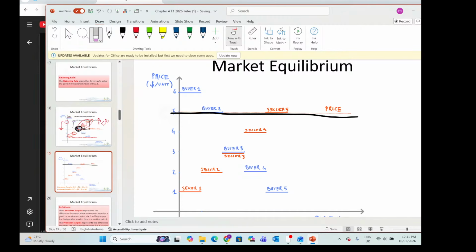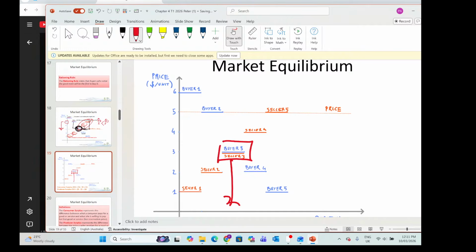When we're at an equilibrium of 3, the quantity demanded is 3, and the quantity supplied is 3, and the price is 3. They are both equal.